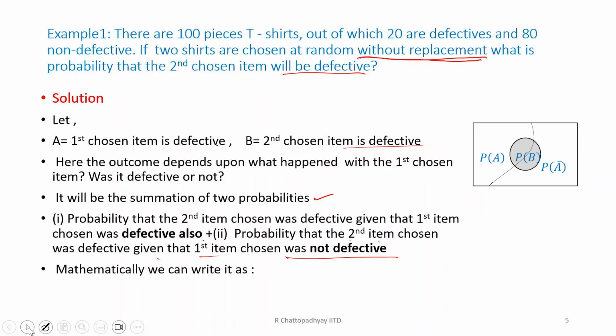So mathematically we can write that P(B) will be P(B|A) into P(A) plus P(B|A bar) into P(A bar). So A is first item chosen defective and A bar will be first item chosen not defective. So P(B) is the summation of these two.